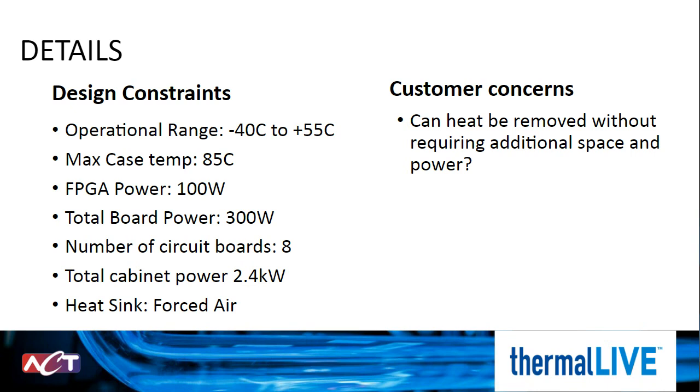And we'll also need to cool 3 FPGAs per circuit board with a total of 8 boards. So this means our cooling system must be able to remove 2.4 kilowatts of waste heat from the cabinet, while also maintaining SWAP. So once the heat is outside of the cabinet, we'll be able to cool the system with natural convection.